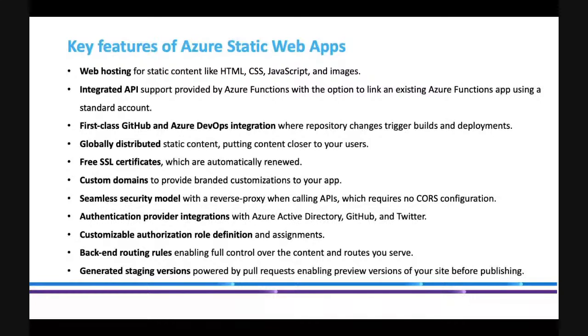The basic advantages of Azure Static Web Apps over other cloud providers or PaaS online cloud services, that is, platform as a service like Heroku, Netlify, etc., are these. Azure Static Web Apps provide performance and scalability: your web assets are globally distributed, putting them closer to your users to minimize latency, and the logic is run on Azure Functions that scale automatically to meet your demand.